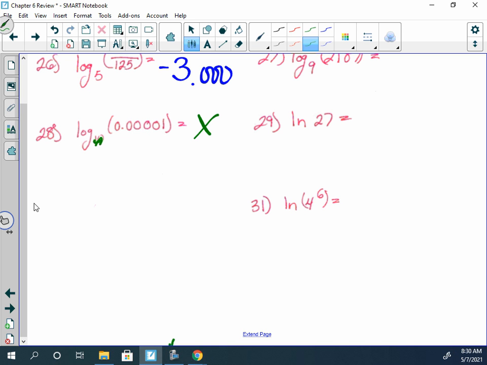So I'm going to look back at this one here, if we were doing this by hand. Well, we would apply 10 to both sides. These would cancel, 0.00001. 10 to the x.